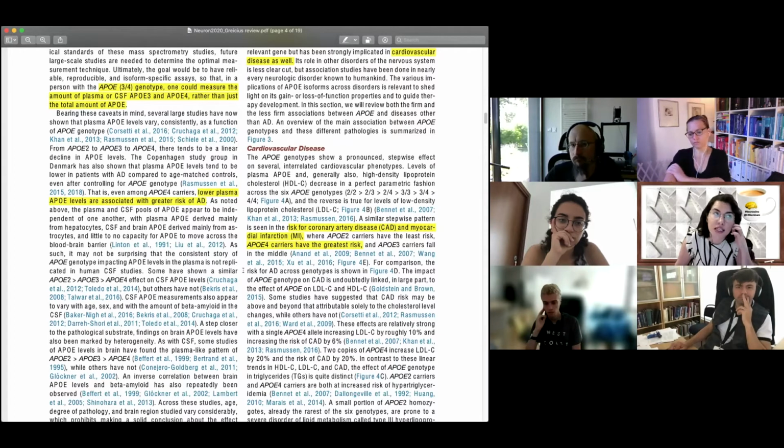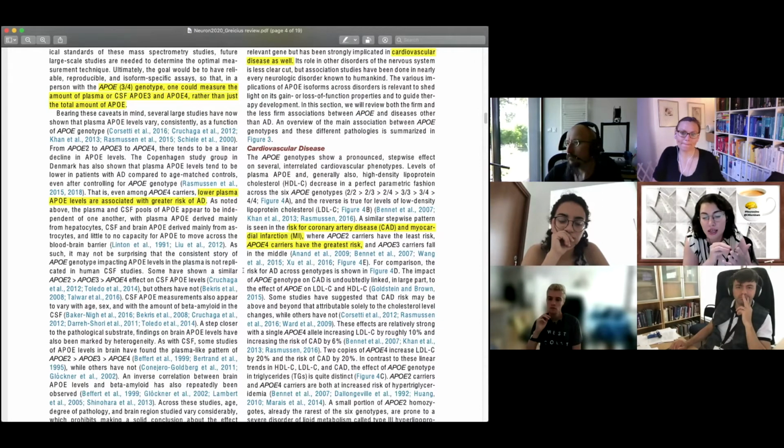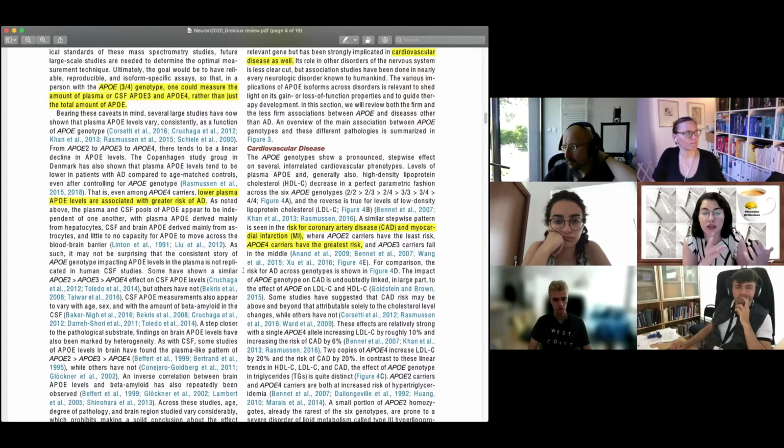So if we really think this APOE4 presence is a problem, genetic therapy can target this, and it has been shown that you don't have a central nervous system defect or disease if you have an APOE4 deficiency.